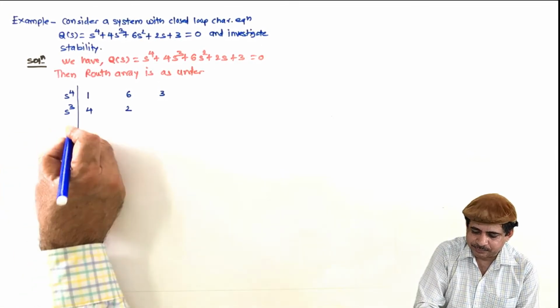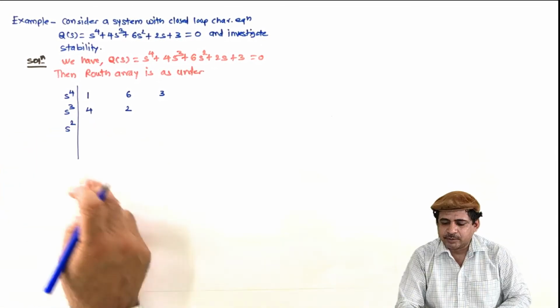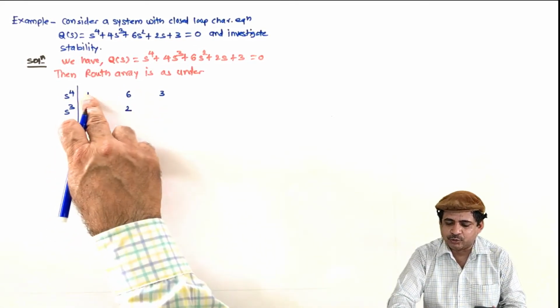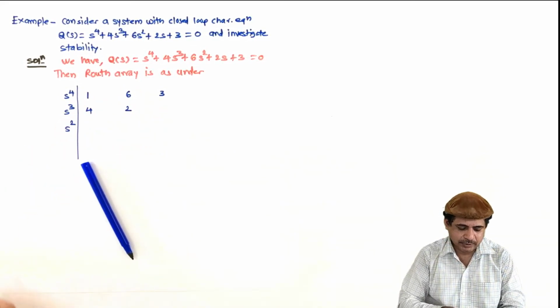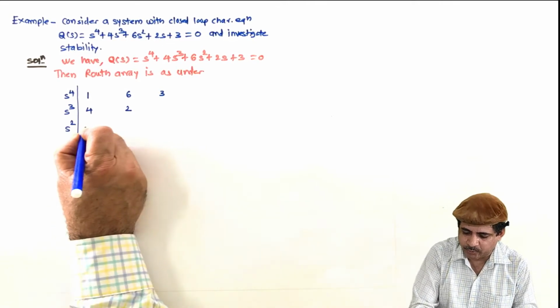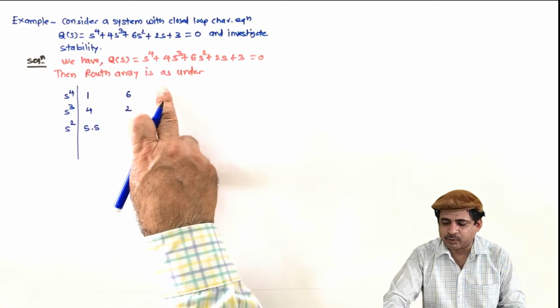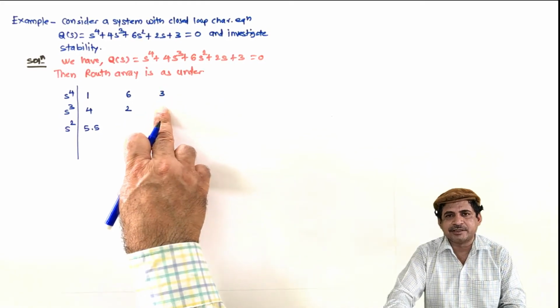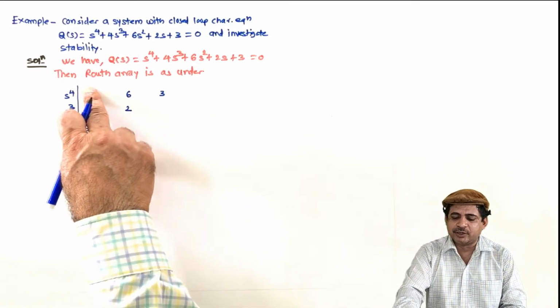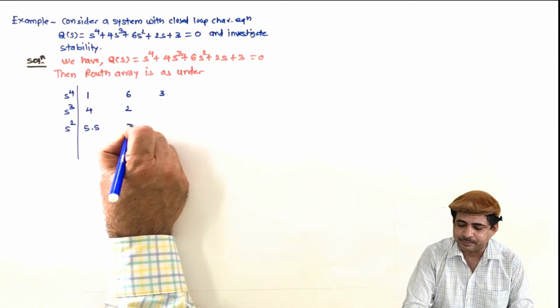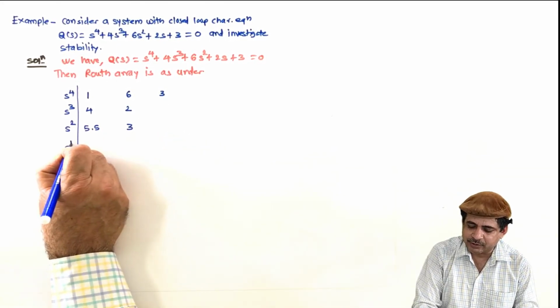Then s square. 4 into 6 minus 2, divided by 4. So it will be 22 by 4, so it is 5.5. And for this it will be 4 into 3, 12. 12 minus nothing, which means 0, is 12, by 4 is 3. Then s raised to 1.